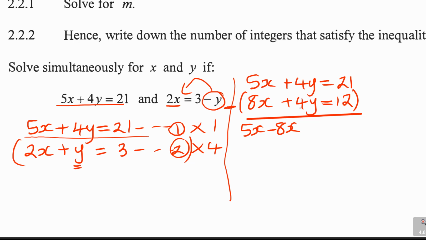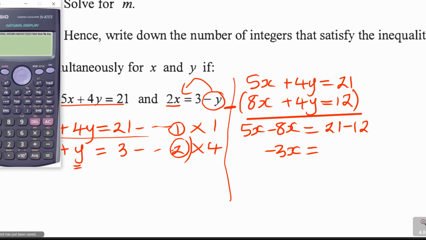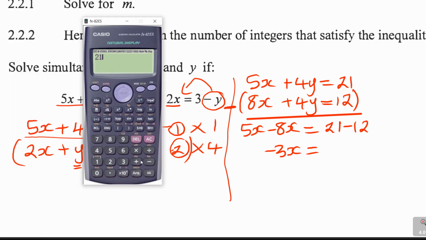Now 4y minus 4y is 0, is equal to 21 minus, everything is subtracting there, minus 12. We're using that minus. 5x minus 8x is minus 3x is equal to 21 minus 12. What is it giving, guys? 21 minus 12. Let me just check quickly what it will give me. 21 minus 12. Is it 7? What is it? It's 9.